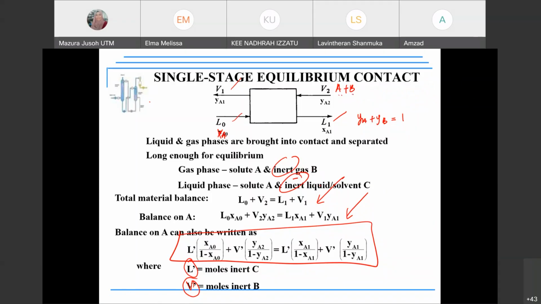A and B here. If you take mole fraction of A plus mole fraction of B, it's actually equal to 1. So YB is equal to 1 minus YA, isn't it?